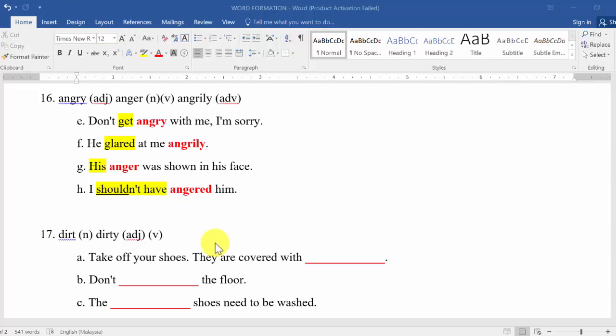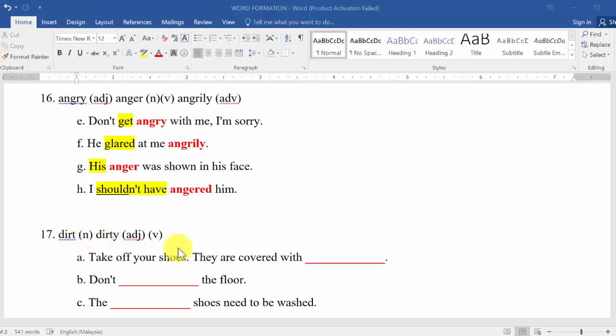When you spill a glass of Milo on the floor, it means that you have dirtied the floor. You have made the floor at your house dirty. The action of making something become dirty.